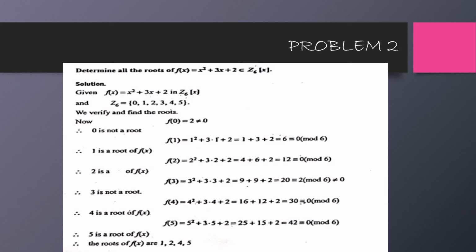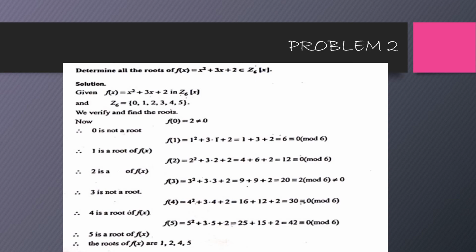So 0, 1, 2, 3, 4 and 5. I will stop at 5, because if I include 6, the number of elements in the set will exceed 6. Since I am starting from 0, I will stop at 5. This is the same for all modulo declarations. Suppose I write Z10, I'll start from 0 and end at 9.